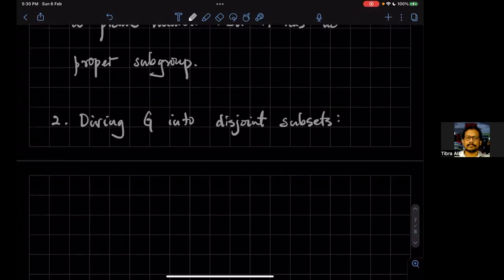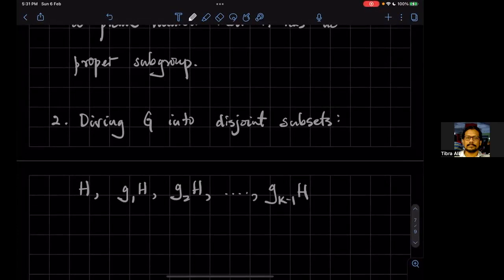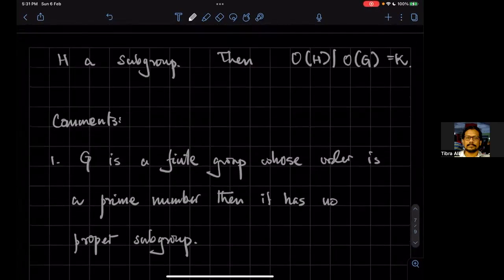These disjoint subsets are going to be cosets of H, say G1H, G2H, dot dot dot, GK minus 1 H, where K is that integer.